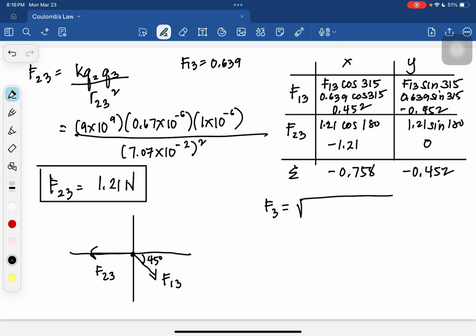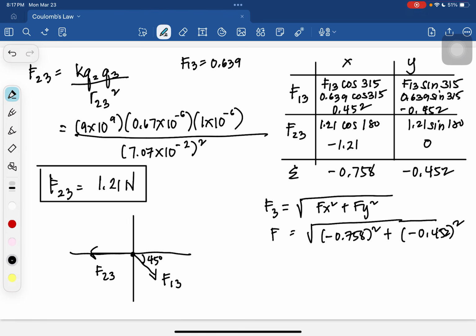It will be Fx squared plus Fy squared. F3 now is equal to negative 0.758 squared plus negative 0.452 squared. And looking at it, the resultant will be on the third quadrant because both of them are negative.